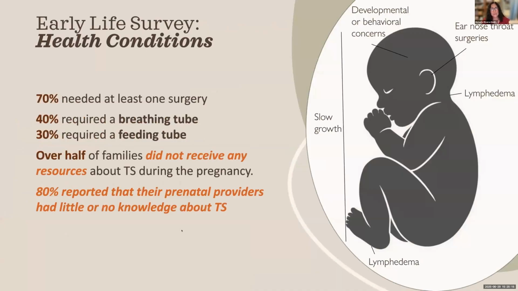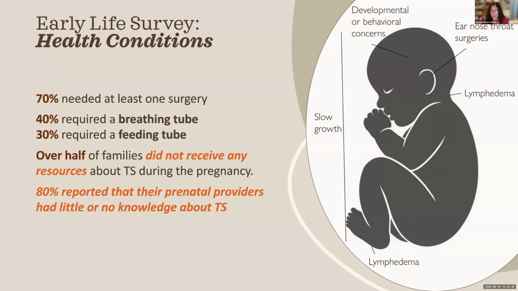So jumping into the early life survey, we noted that in addition to the expected findings of lymphedema, cystic hygromas, cardiac and renal anomalies, a lot of our infants and children faced other challenges such as poor or slow growth.